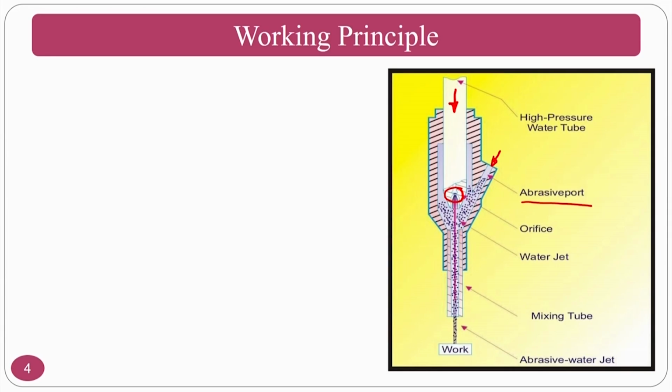From the orifice the high velocity jet of water is coming and abrasives are coming adjacent to it; both are mixed in the mixing tube, and this abrasive water jet is going to impinge on the workpiece. Okay.